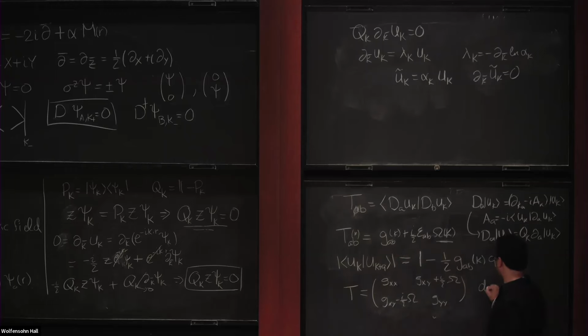So the determinant of T is equal to the determinant of G minus 1/4 the absolute value of omega squared.